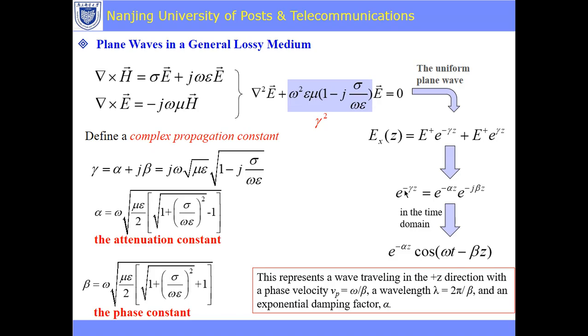This represents a wave traveling in the positive direction with a phase velocity of that and a wavelength and an exponential damping factor alpha.